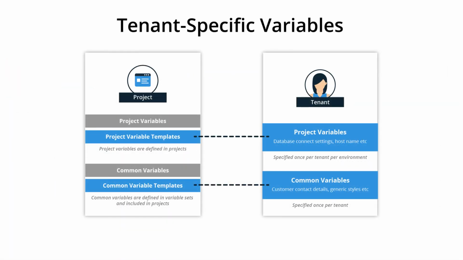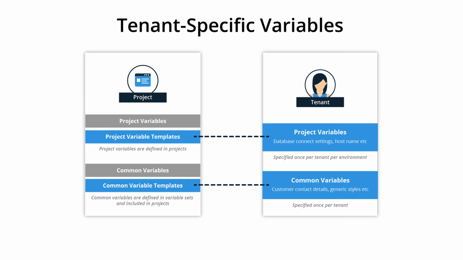Variables are at the heart of Octopus projects and multi-tenant deployments. They enable tenant or customer-specific configuration details. Octopus has rich support for defining variables and automatically updating them during your deployments. First, we have project variables which define standard configuration values that can be substituted during deployments.